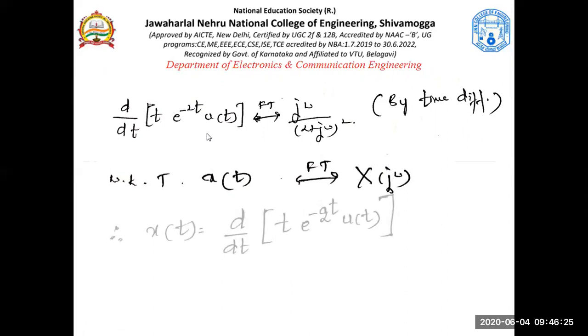Therefore, x of t is the left hand side signal. Just differentiate that, you will get the time domain signal. So let's differentiate and let's see what we get.